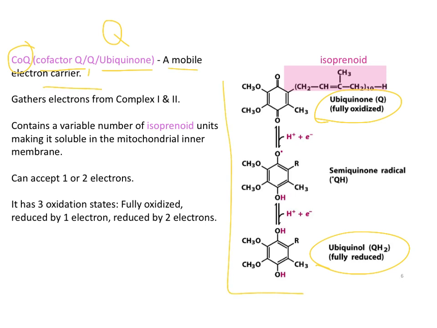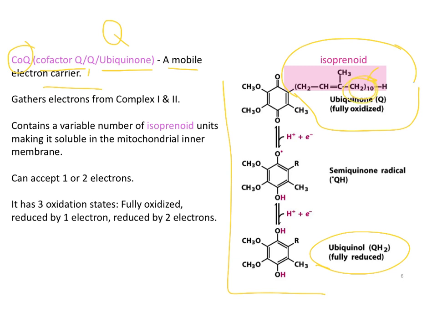Here's its structure, and the reason that I have this up here is because it has this isoprenoid chain on it, and what you'll notice, or maybe what I'll just point out to you, is that, what color am I using? Yellow. There's 10 carbons right here. 10 carbons.